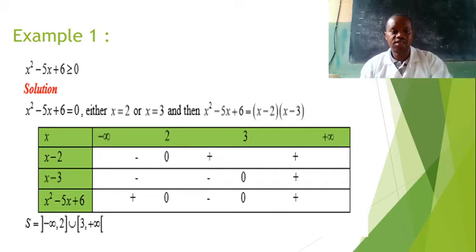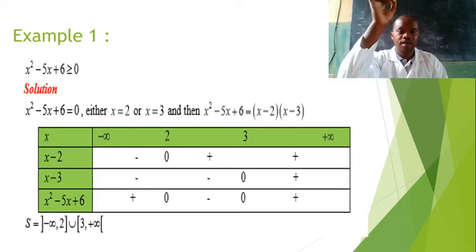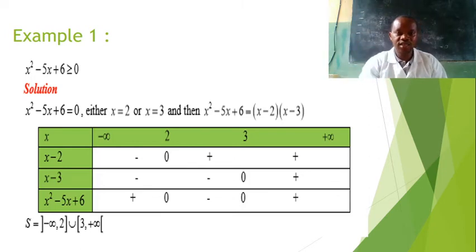After getting the signs for the two factors x minus 2 and x minus 3, we will now find the signs for their product, which is x square minus 5x plus 6. Remember that previously we saw that the factorized form of x square minus 5x plus 6 is x minus 2 times x minus 3.